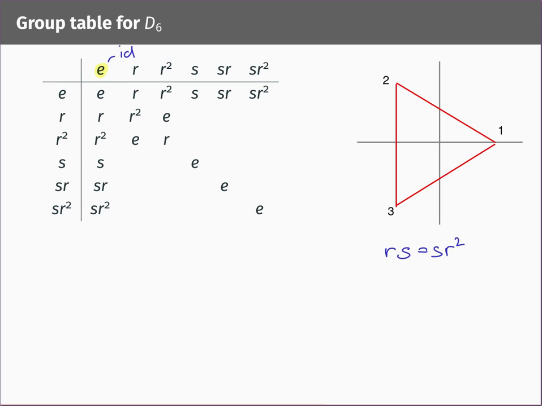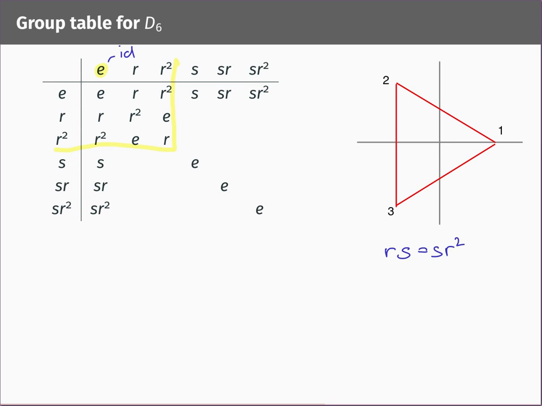So this top left 3 by 3 block here is nice and easy to work out. And also it's actually telling you something, isn't it? Because it's telling you that the rotations form a subgroup. So if you just look at the rotations in D6, those form a subgroup of order 3, consisting, in fact, of the cyclic subgroup generated by R.